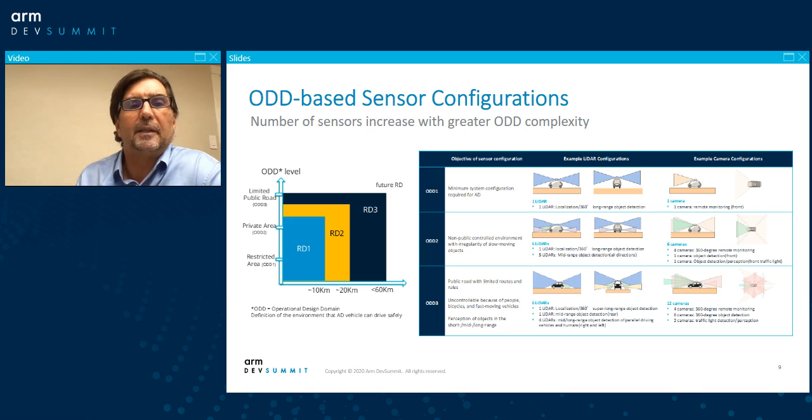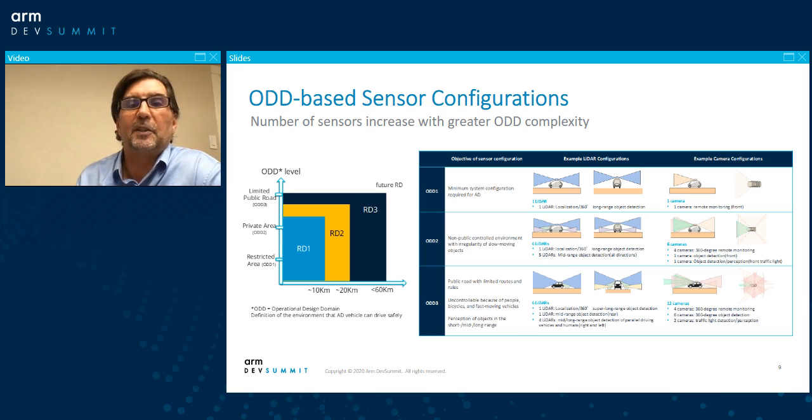For example, in many of the restricted area or private area applications, with low velocity, we see that you can address those applications with some fairly simple sensor configurations. For example, as shown here, perhaps one 360 degree LiDAR and a forward-looking camera. As you start to look at more complicated operating environments, getting into the dense urban robo-taxi type use cases, you'll see the sensor configuration increase dramatically.